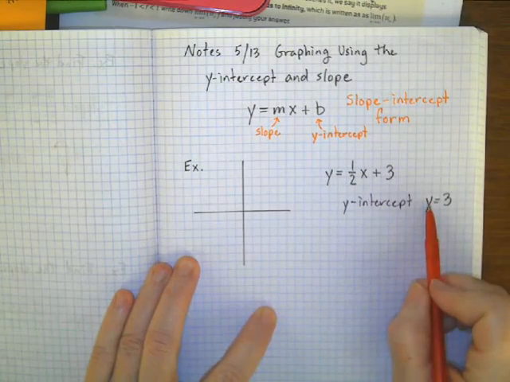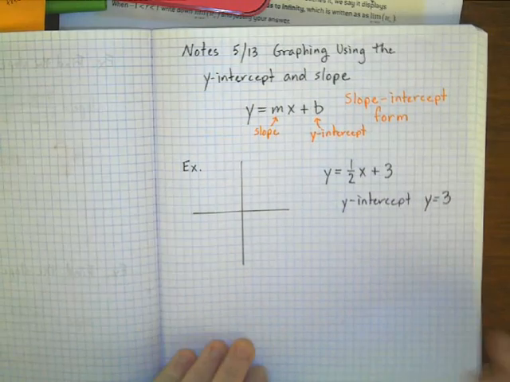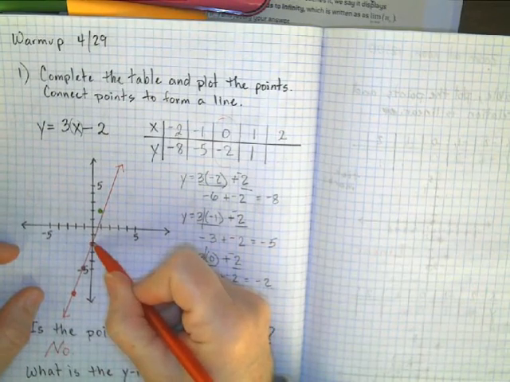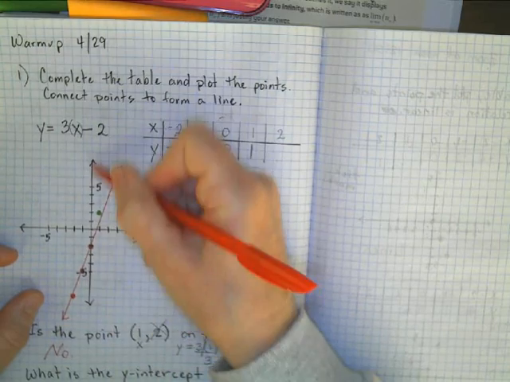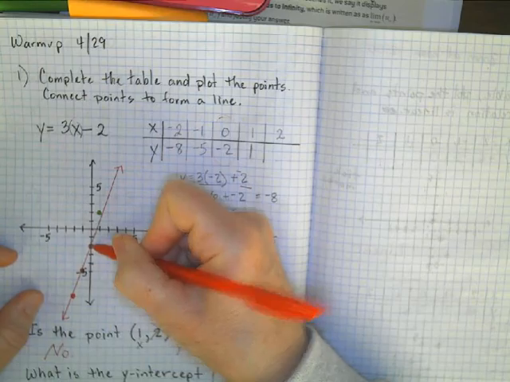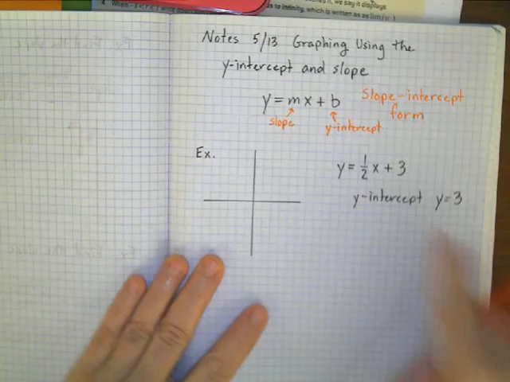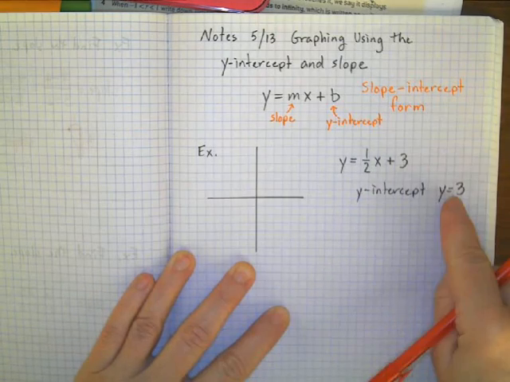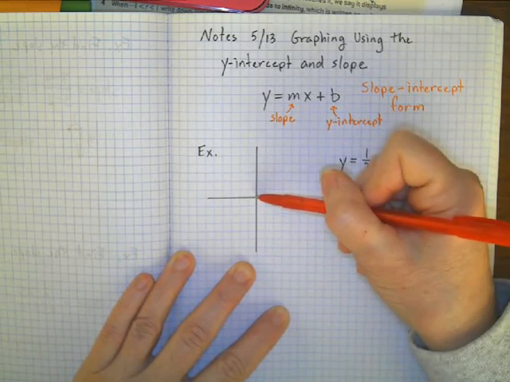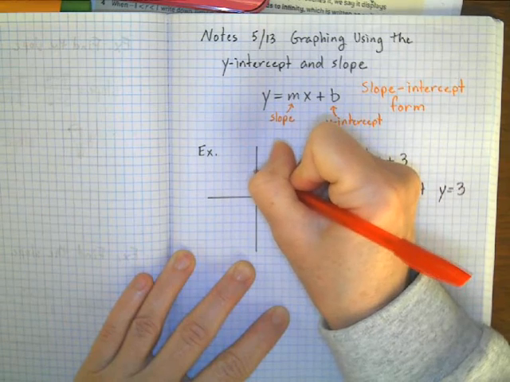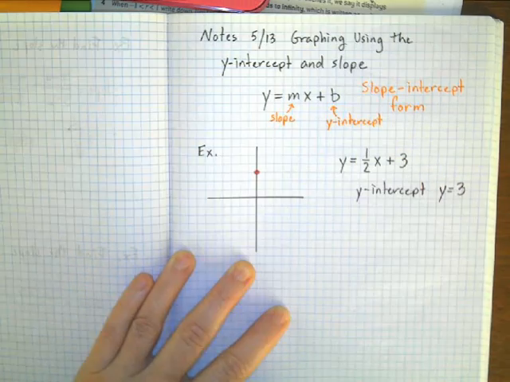So my y-intercept is at 3. Remember, a y-intercept is the dot that is on the vertical axis, the y-axis. So I'm going to put a point on my y-axis at positive 3. Here's 0. I'm going to go 1, 2, 3. And there it is, my y-intercept.